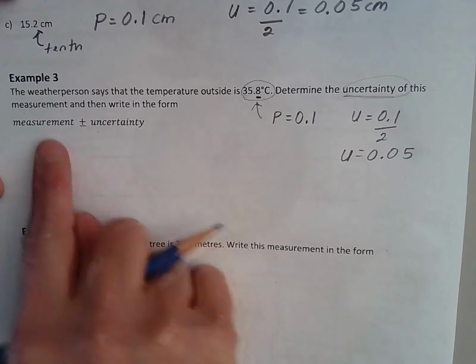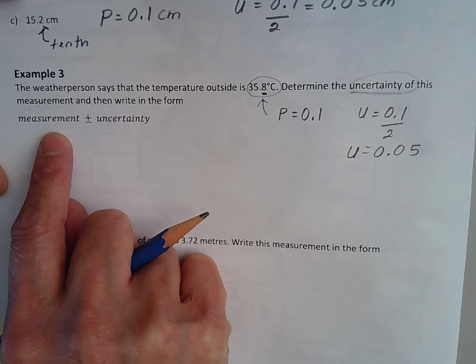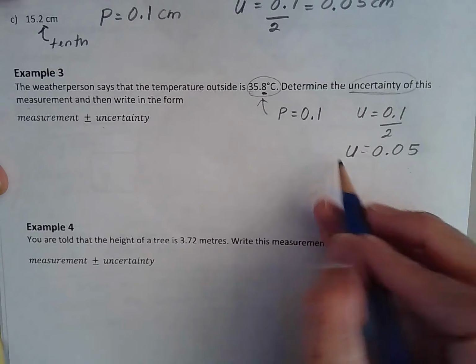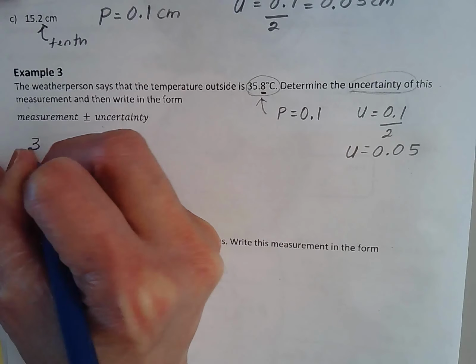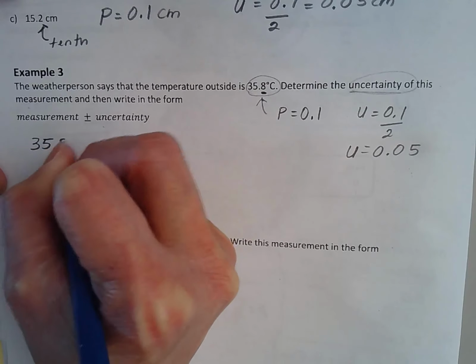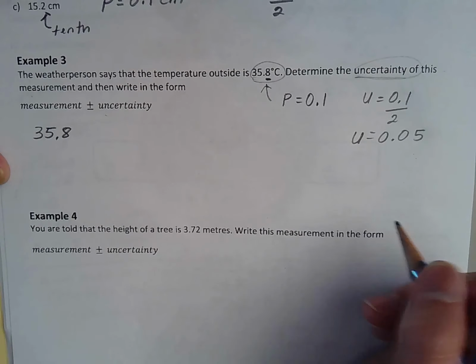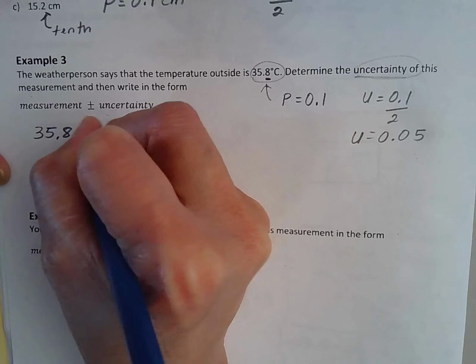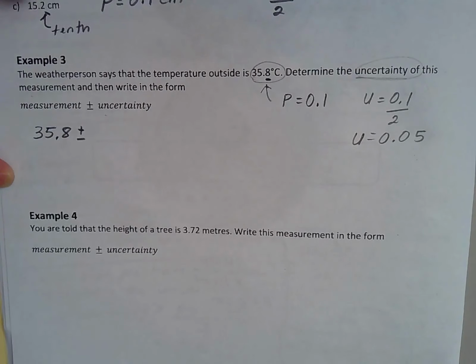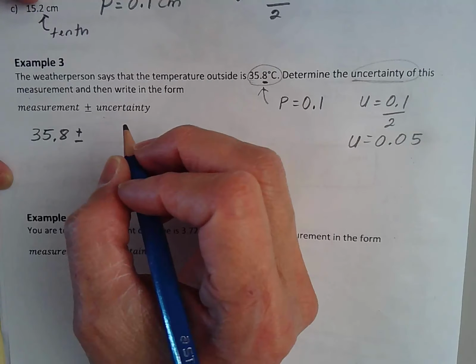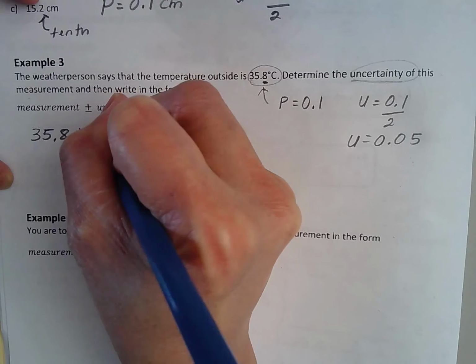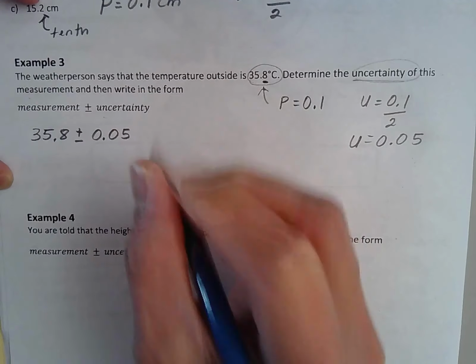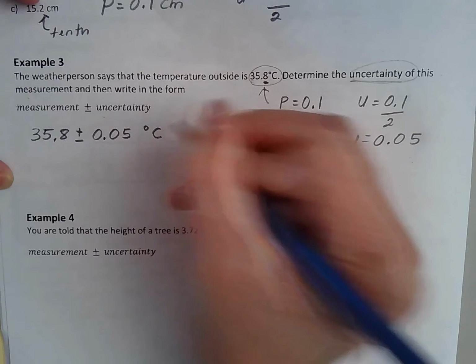So now let's put it together. The measurement, let's go back to this one. The measurement is 35.8 plus or minus, give or take the uncertainty, which is 0.05 degrees Celsius.